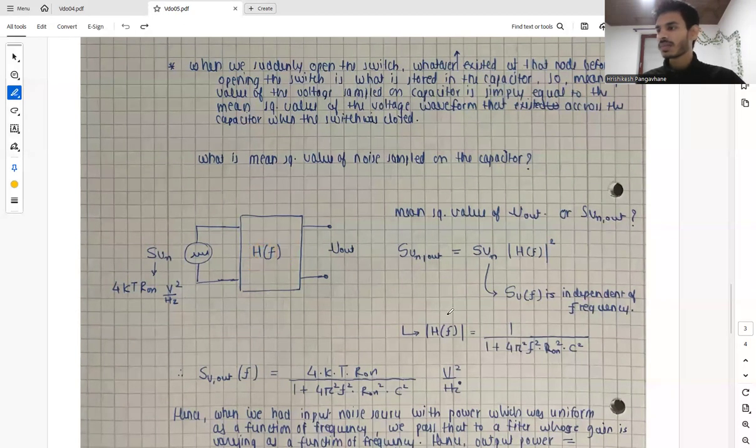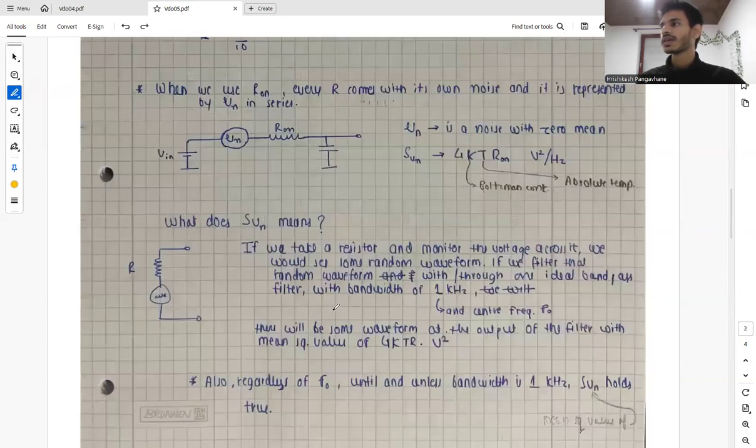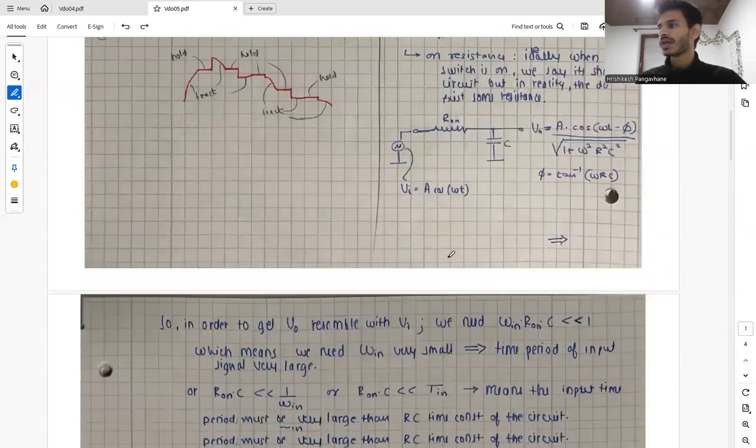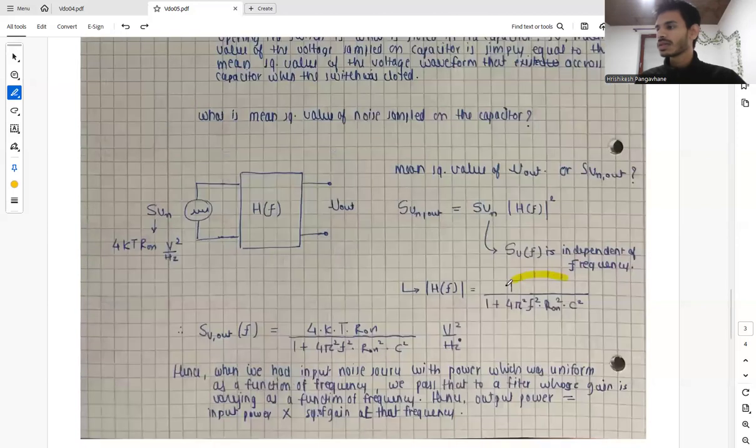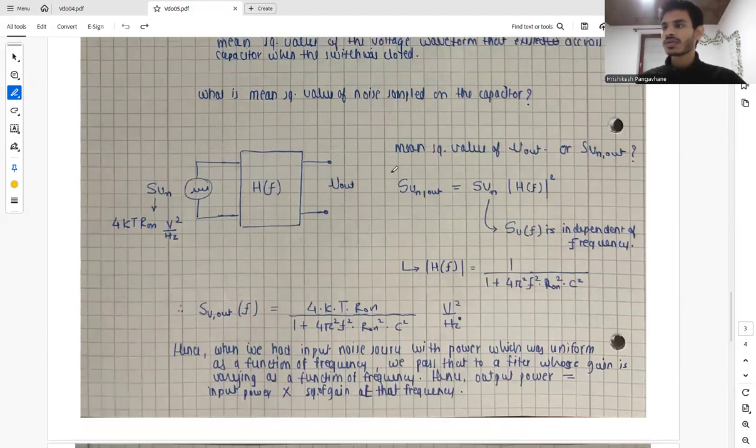The magnitude of h of f is 1 upon the square root of 1 plus the square of 2 pi f R on C. So this is the magnitude of the transfer function, and when we square this magnitude and multiply it with the spectral density of the input, this is what we get as the output spectral density.